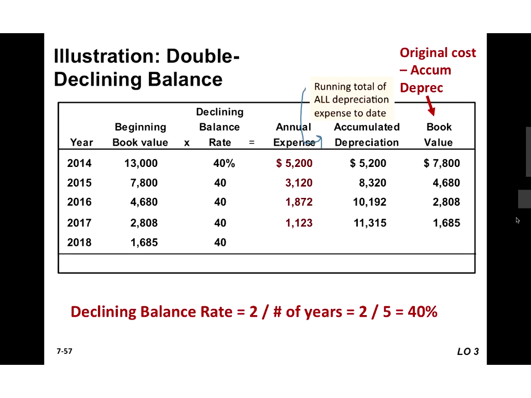Now, if we were to do the math, if we were to take $1,685 times 40%, that would be $674. It's not exactly right. There's some rounding in there. So what we need to do on the last year is plug it. We take the beginning book value for this last year, $1,685, subtract the residual value of $1,000, and that's how we got to $685.